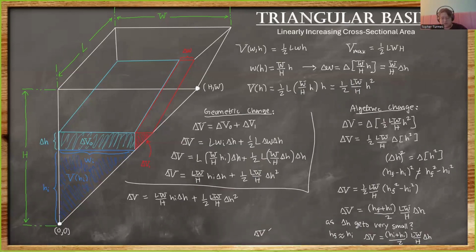Just H initial times length width over height times delta H. Right. So we could say delta V is approximately length times width over height times H initial times delta H, right? Hmm. Does that look familiar to anything from the geometric change?